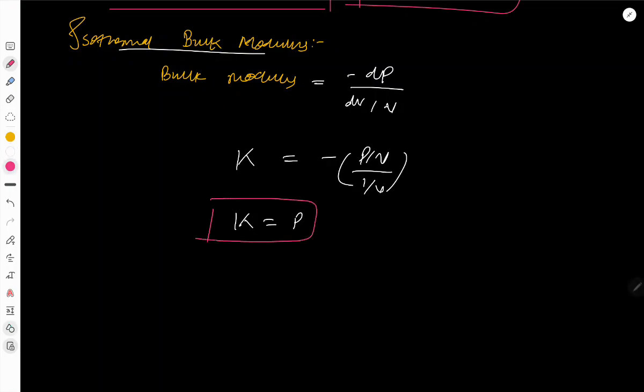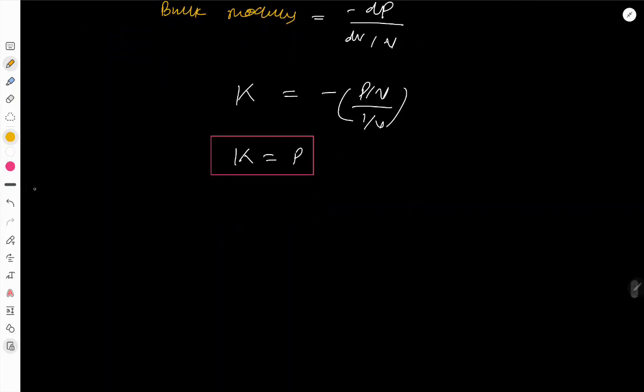After this, now we are moving on with another type of process, that is the adiabatic process.